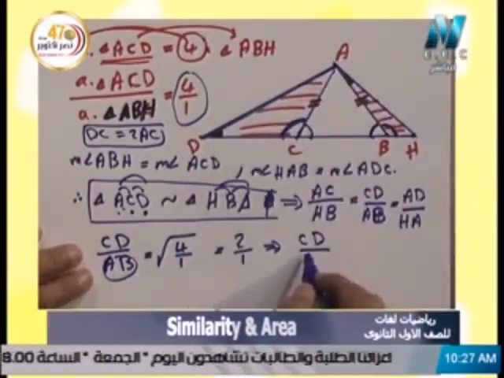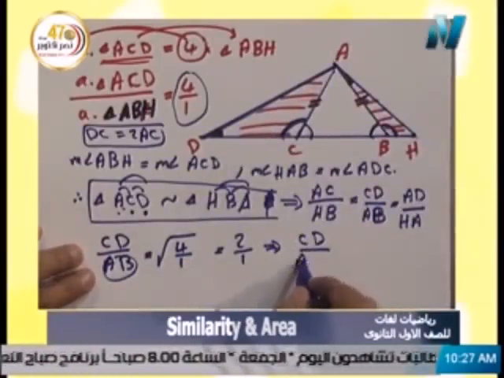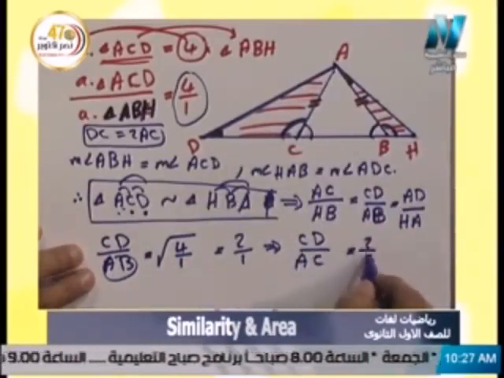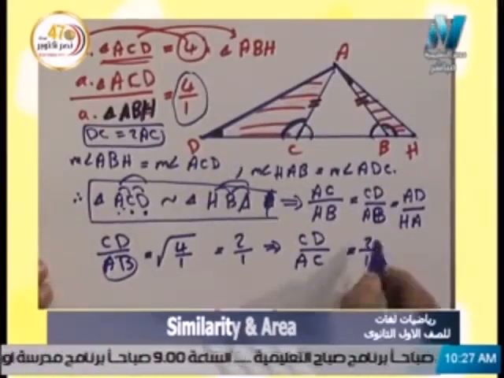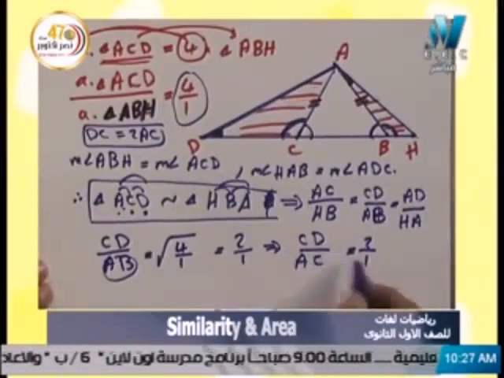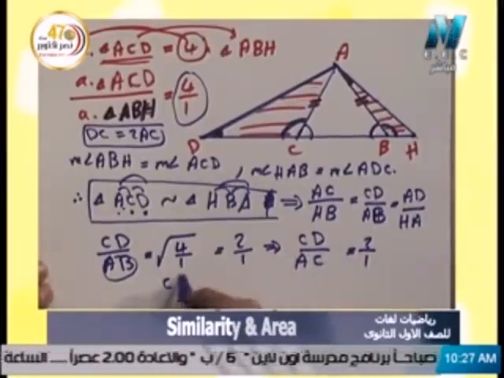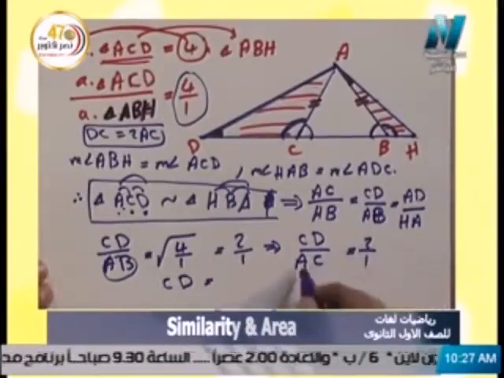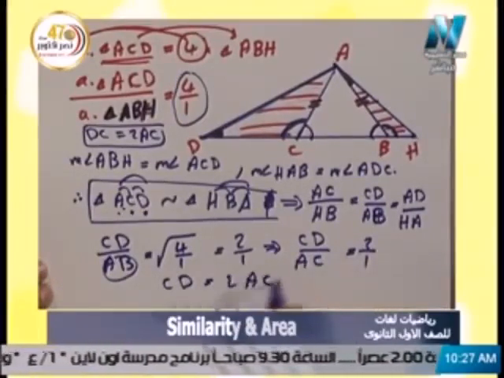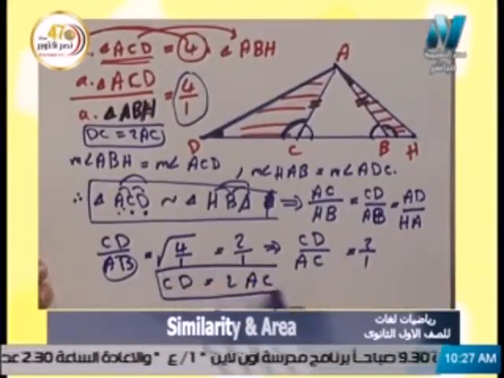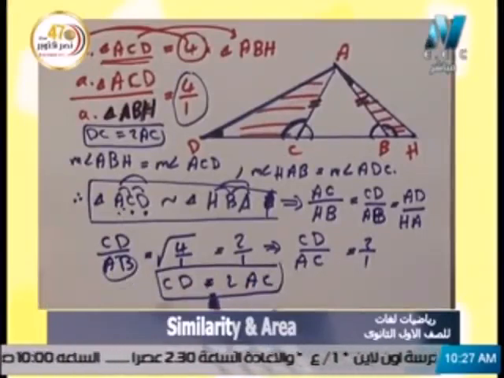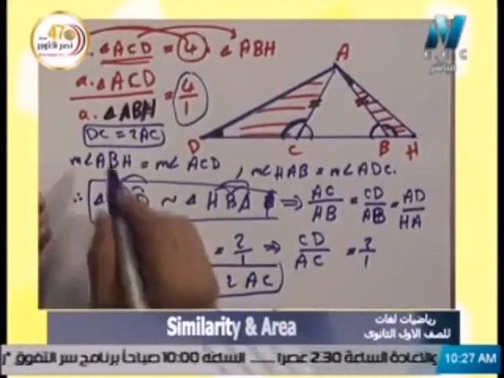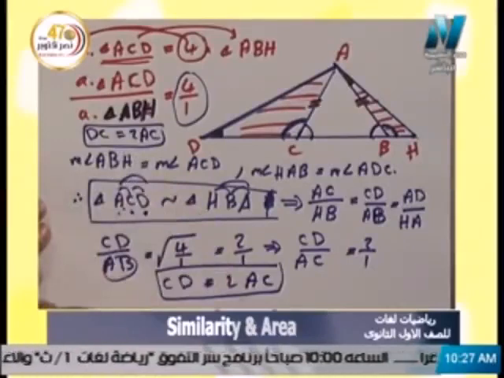So CD over AC equals 2 over 1. And by using cross multiplication, CD equals 2 multiplied by AC. And now we proved the request, which is DC equals double AC.